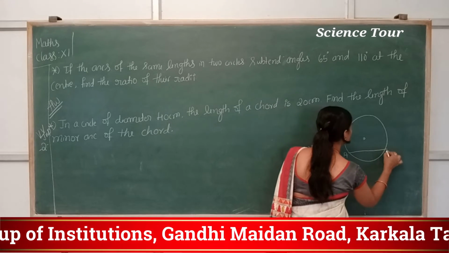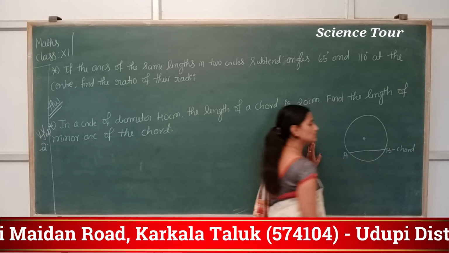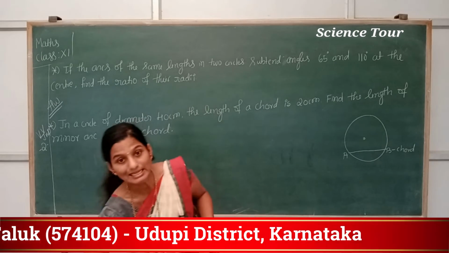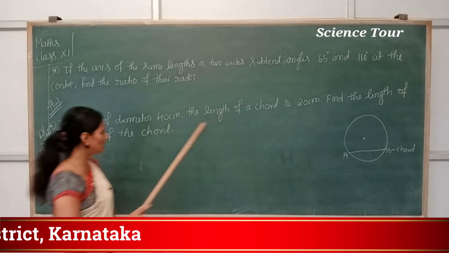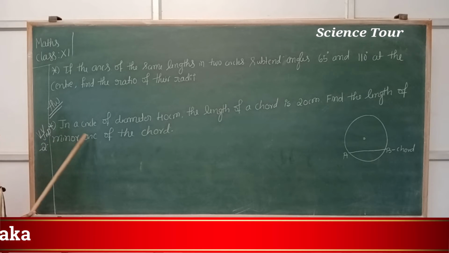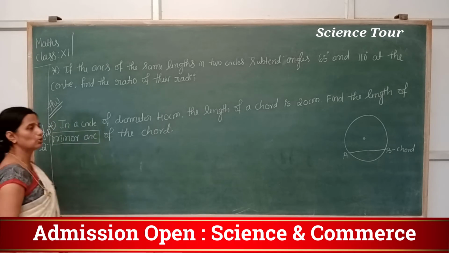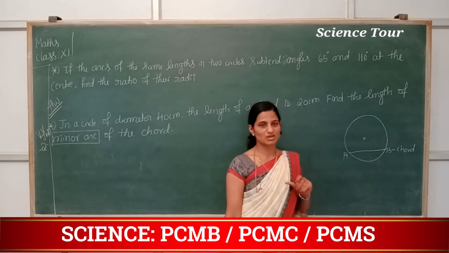AB is a chord of a circle. Now the question is to find the length of what? The minor arc. Minor arc and major arc, that you studied in your lower class. Which one is the minor arc and which one is the major arc?